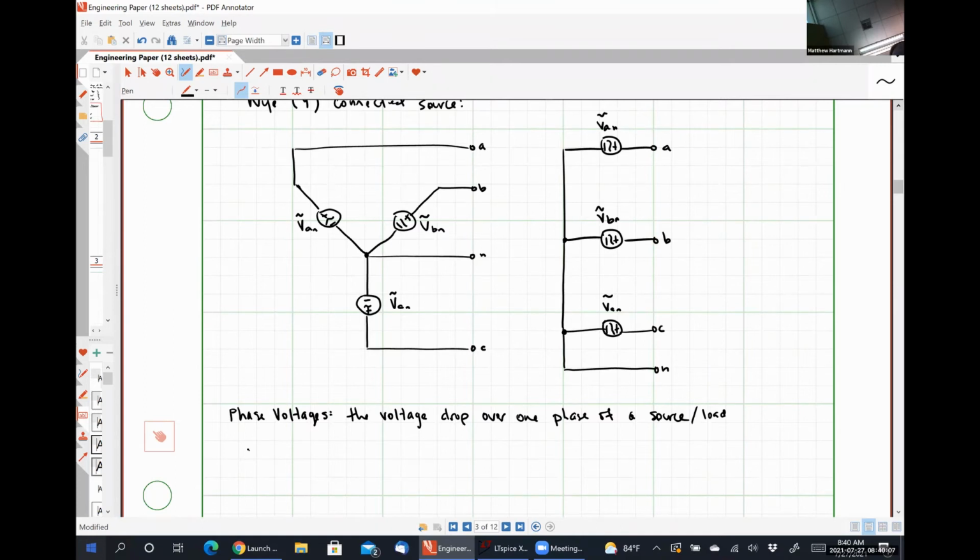So for our Y-connected source, our phase voltages are simply the voltages VAN, VBN, and VCN.